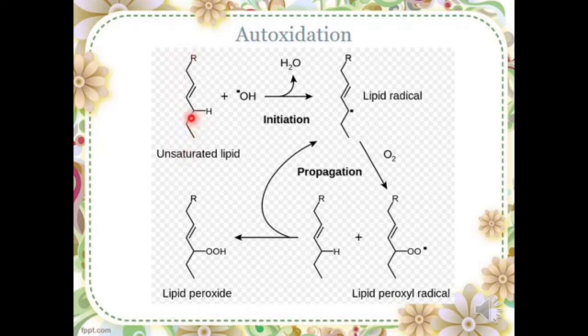When it is initiated in the presence of enzyme or metal ion, it will form an alkyl radical, and this alkyl radical will propagate in the presence of oxygen from the surrounding to form a lipid peroxy radical, and then it will combine with another unsaturated fatty acid by the abstraction of a hydrogen atom to form a peroxide.